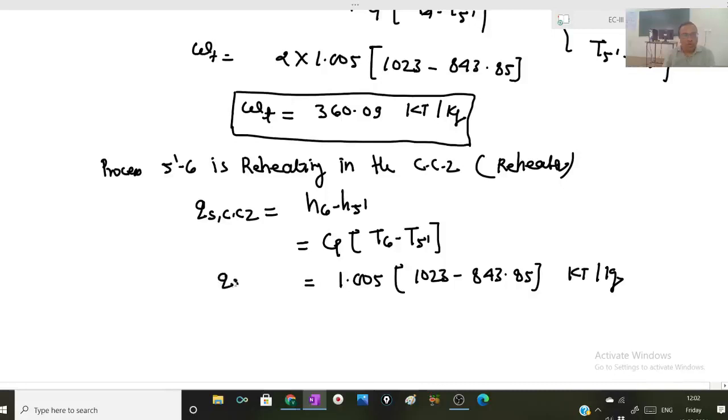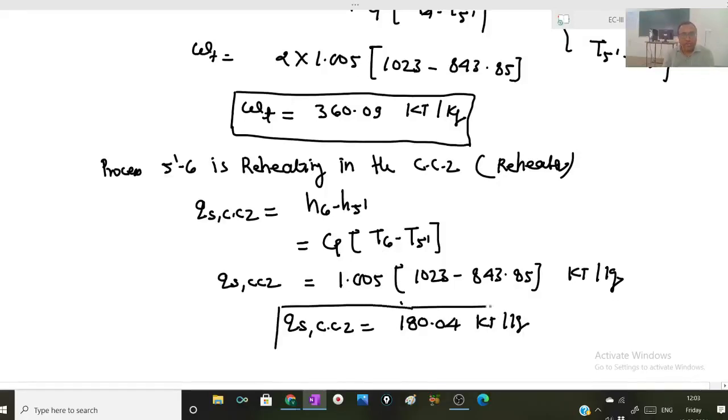So this value will come out 180.04 kilojoule per kg. This is the heat supplied in the reheater or combustion chamber 2.